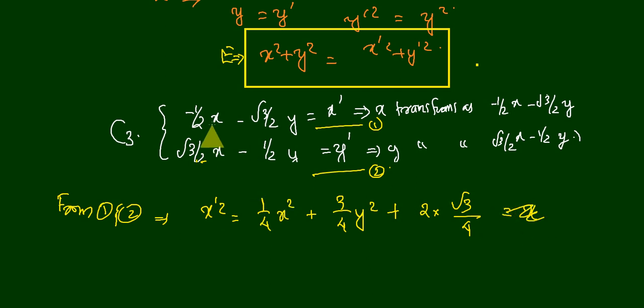So x dash square is equal to a square, that is 1 by 4 x square, plus b square, that is 3 by 4 y square, plus 2ab, that is equal to 2 into root 3 by 4 xy.